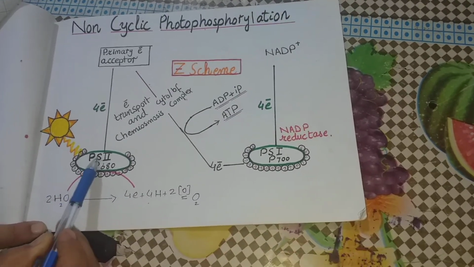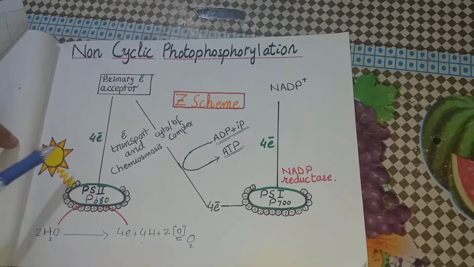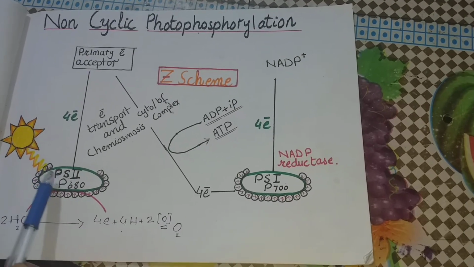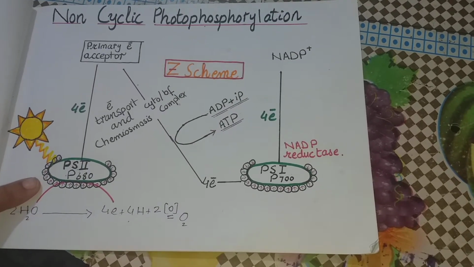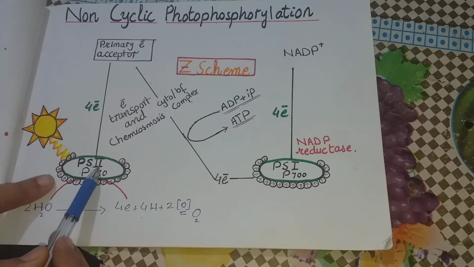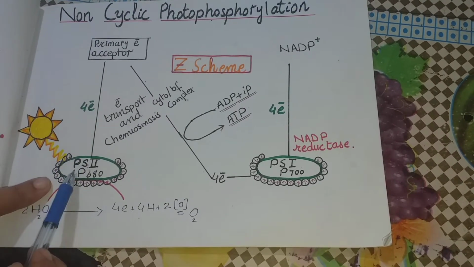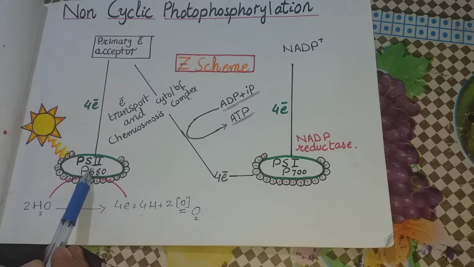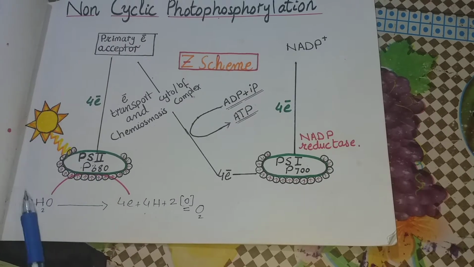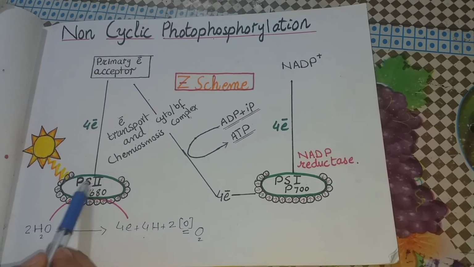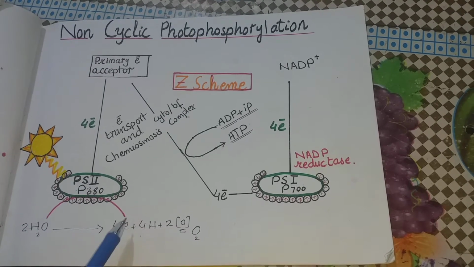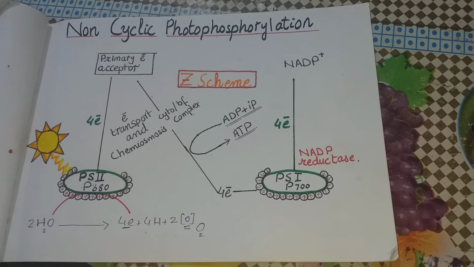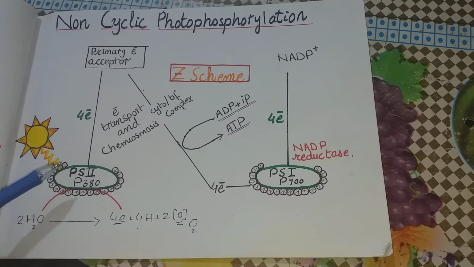Electrons, after absorbing energy, get excited and leave the PS2 system. 4 electrons left PS2.